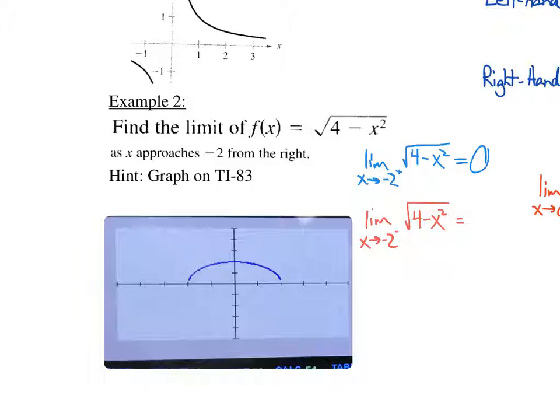There is nothing on the graph there, so we can't approach from the left. There's nothing to approach from. This is a good example of one of the cases where a limit will not exist: at an endpoint. Watch for endpoints.